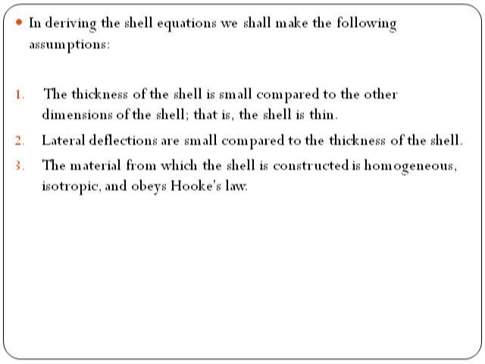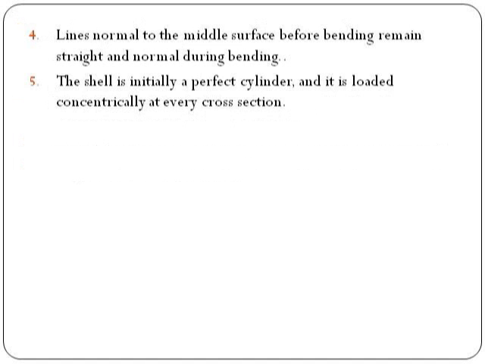Homogeneous is the one which is made from a single material. Isotropic is the material which has the same properties in all directions. And Hooke's law, as we know, means the stress-strain relationship will be linear. Fourth: lines normal to the middle surface before bending remain straight and normal during bending.